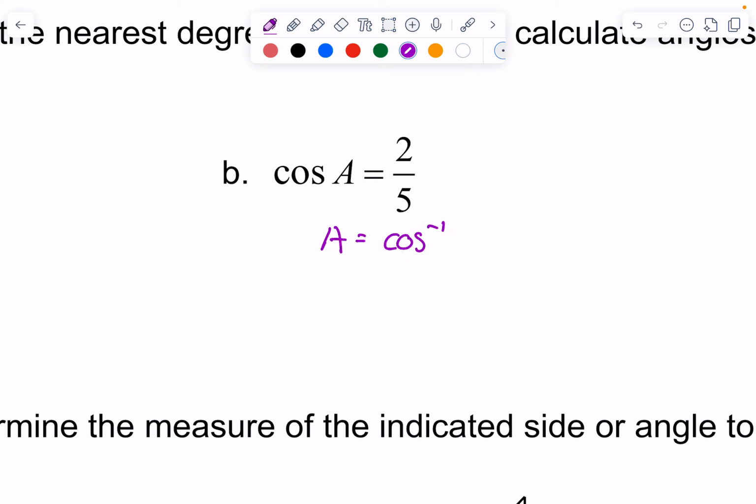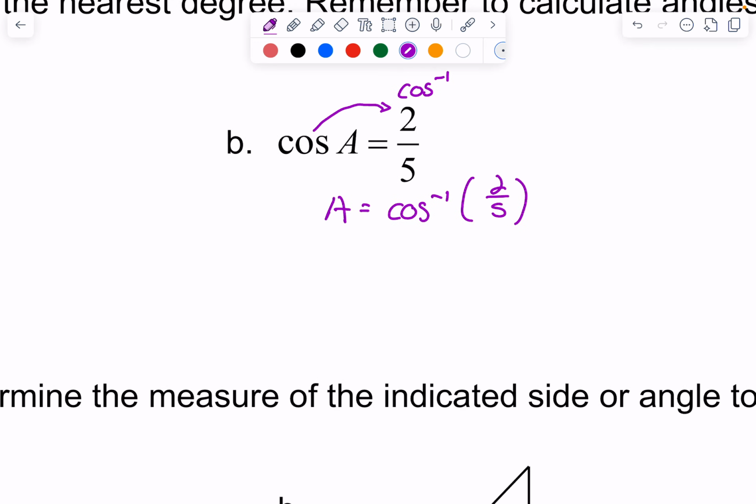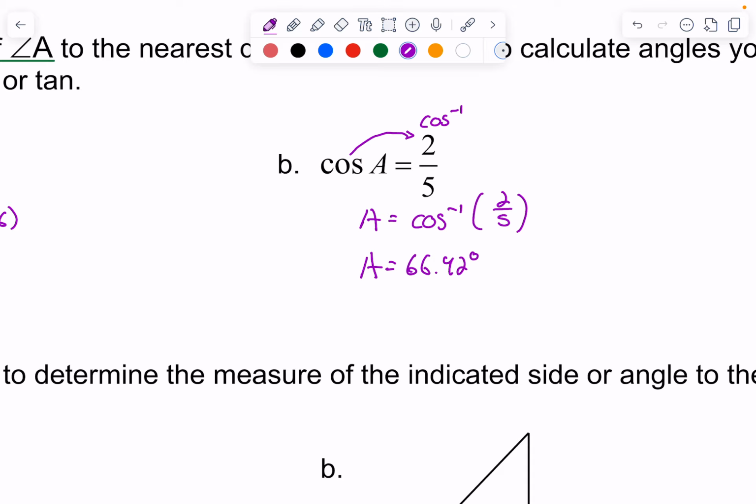You've essentially brought it over to the other side, so as it crosses the equal sign it becomes cosine inverse. So then it's cosine inverse 2/5, that's just proper math notation. Cosine inverse of 2 divided by 5, and your angle A in this case is 66.42. Once again, you are finding an angle when you use the inverse operation.